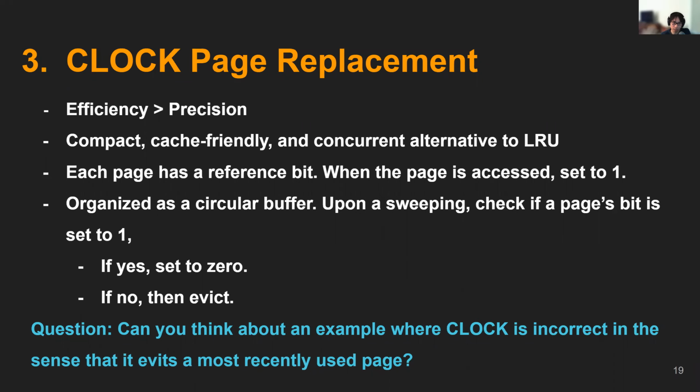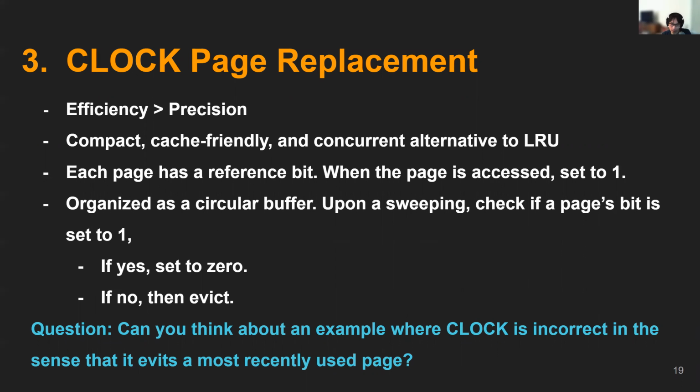The bit can be either 0 or 1. Whenever the page is accessed, it sets the bit to 1, no matter what the bit was. And all of the pages are organized into a circular buffer. That's where the name clock comes from, it's a circle.